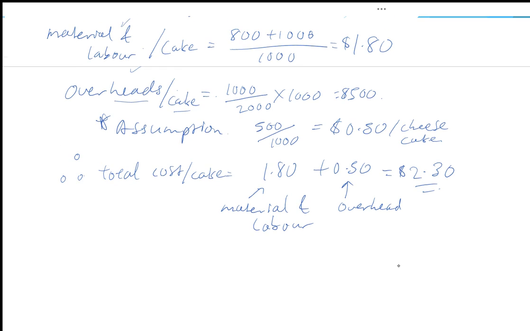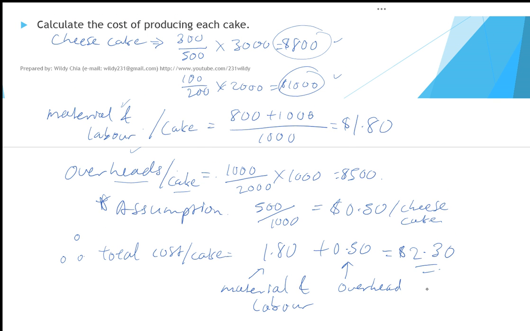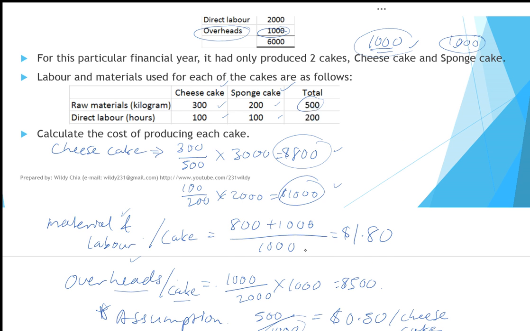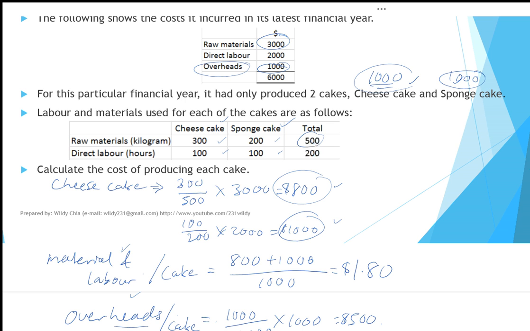As you can see here, the calculation seems quite crude, because we make assumptions that we can allocate the overheads to all cheesecakes using the quantity of cheesecakes produced, but that isn't quite right. If you think of it realistically, should we use something like labor hours to allocate the cost of overheads?